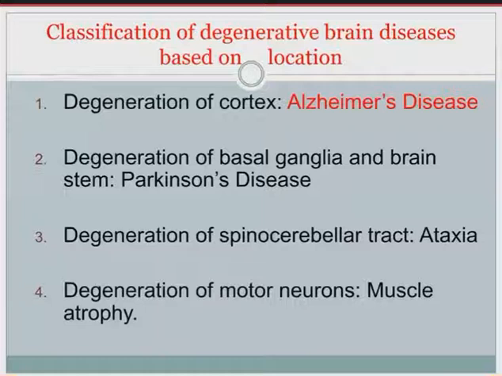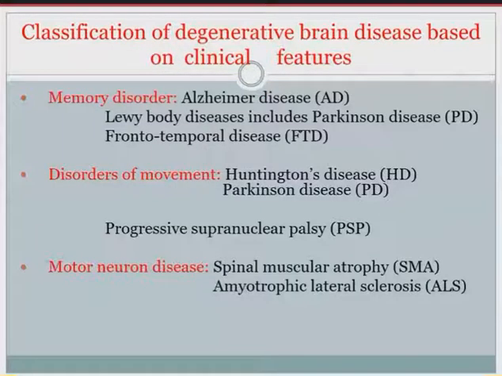We have another classification, based on clinical features. One category is memory disorders, which includes Alzheimer's disease, and memory disorders can occur in Parkinson disease as well. Frontotemporal disease also comes under memory disorders.